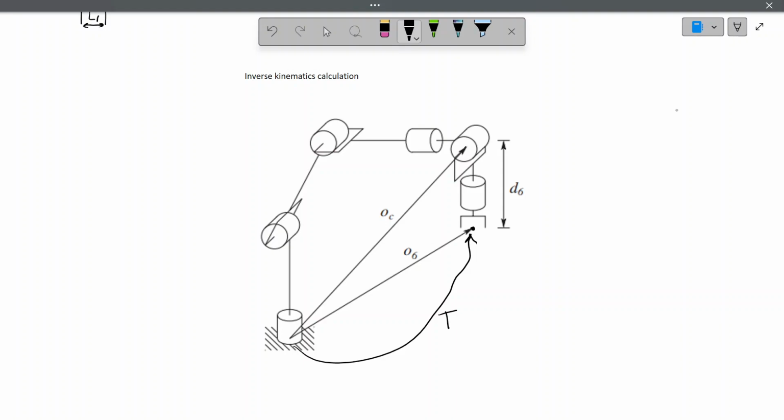So this matrix T. And this point is also important. So why is this point important? Because the position of this point only depends on the previous three joints here.